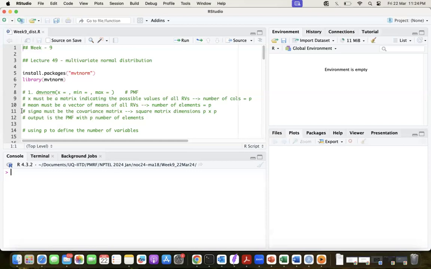The third one is the quantile, where you're looking at the value at which the random variable has the area, say 60% or 40%. And the last one is a random number generator. How many random numbers of a particular distribution do you want?